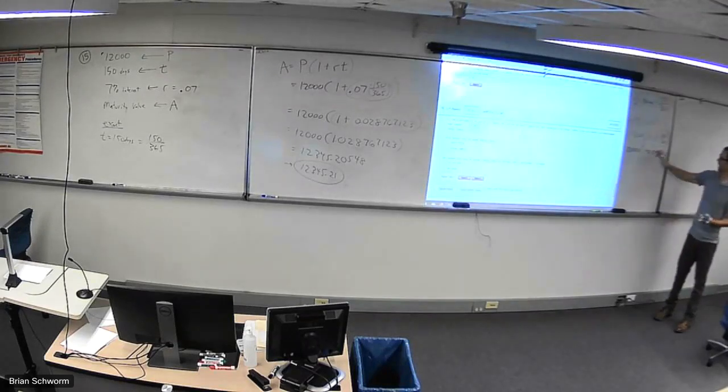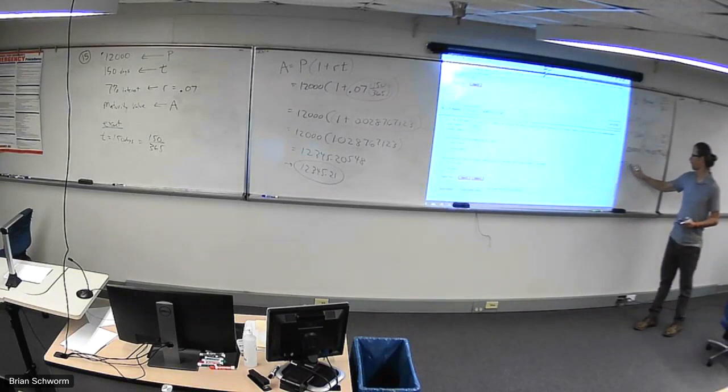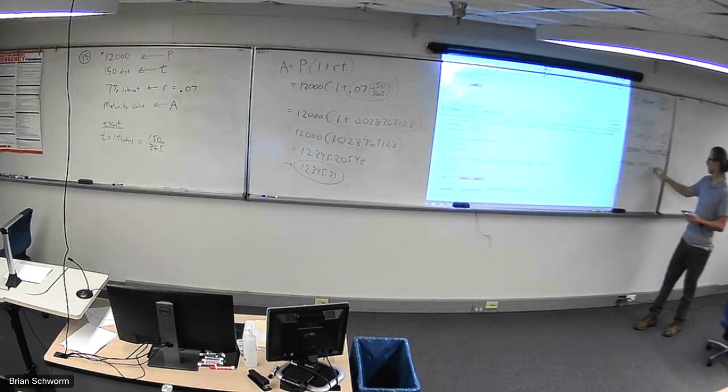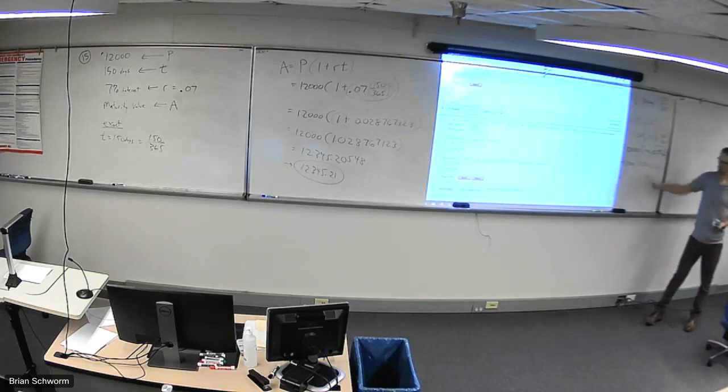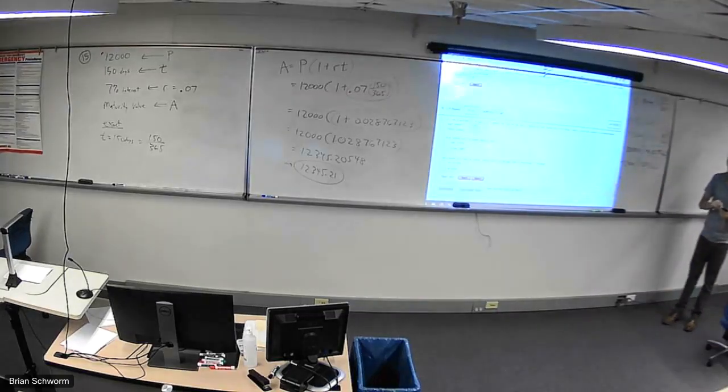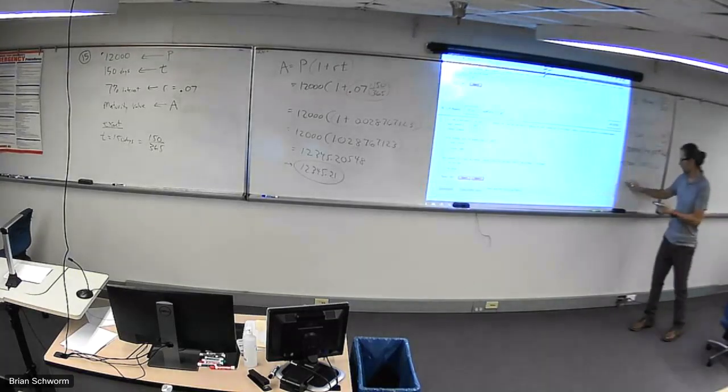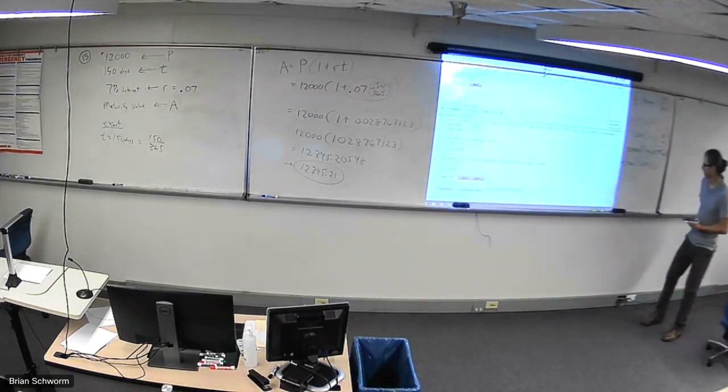And if I add that to the 1, I get 1.02916667. Times 12,000 gives $12,350 exactly.